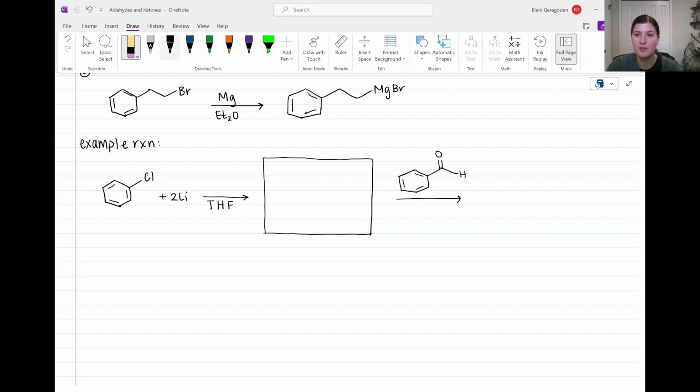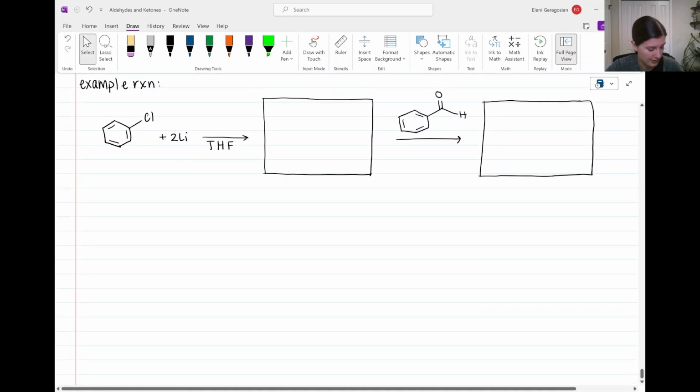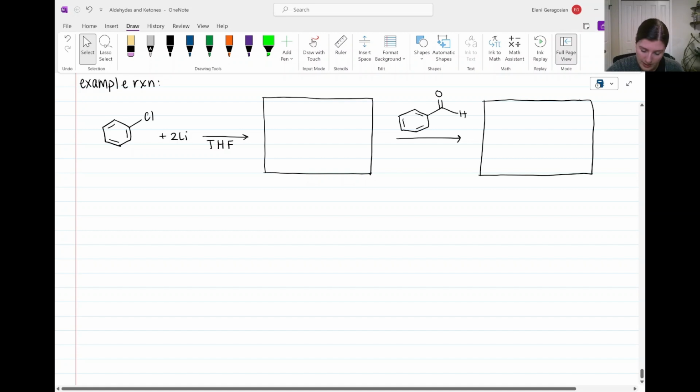So this is like one of the questions we'd have in class or on an assessment, where you have a multi-step reaction. You're given enough information to draw intermediates or add reagents as needed, but you're not given, of course, all of the information. And so we'll work through this after we write all of the steps. And this is the last one here.